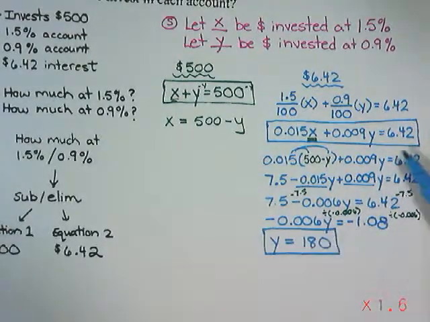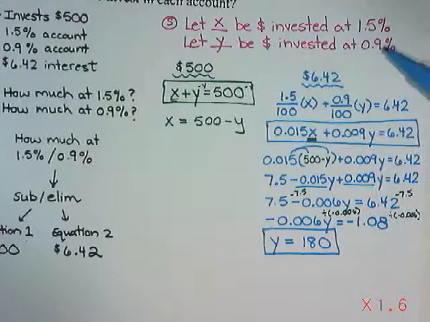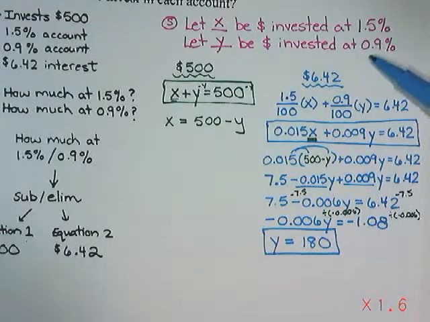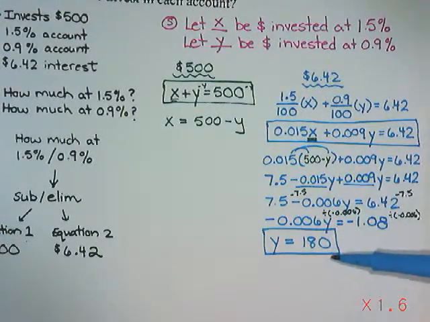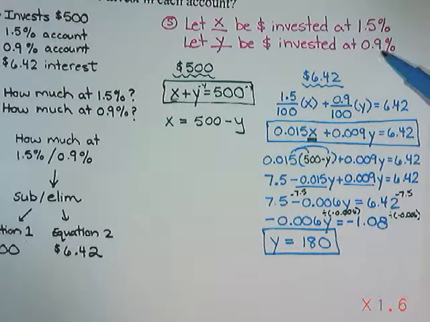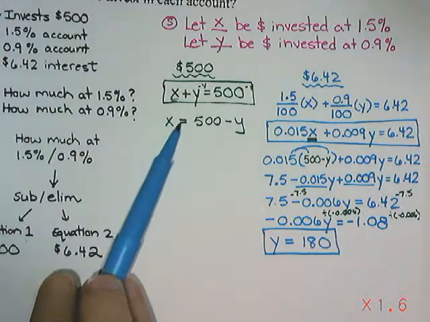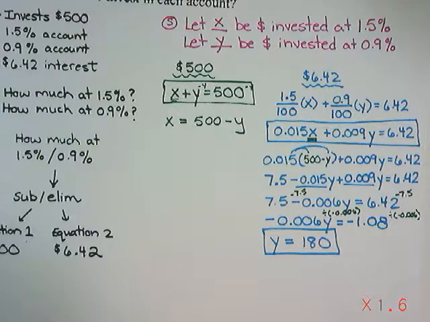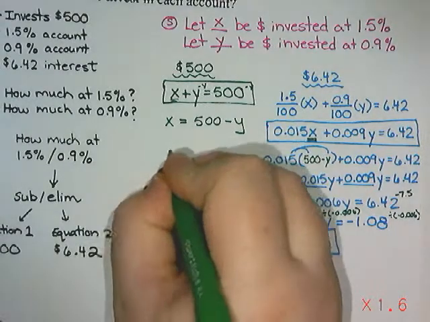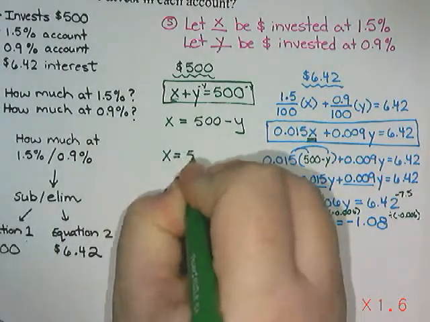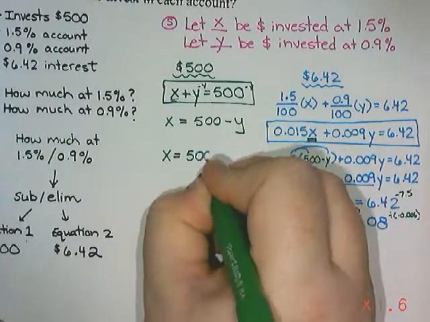Now, what does that mean? Y, we let be the amount invested at 0.9%. So that means that Brenda invested $180 at 0.9%. Now, to figure out how much she invested at 1.5%, I'm going to come back to this equation here. And everywhere I see a y, I'm going to put in 180.